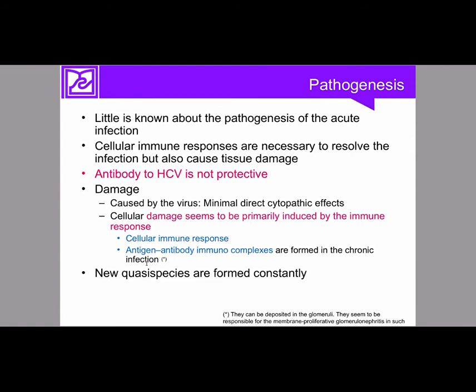What about the damage? We don't know very much about pathogenesis, but we know that most damage seems to be produced by the immune response, the same as hepatitis B. In very simple words, the general rule is that for all hepatitis viruses, A, B, C, D, and E, most damage is related with the immune response, for most of them.